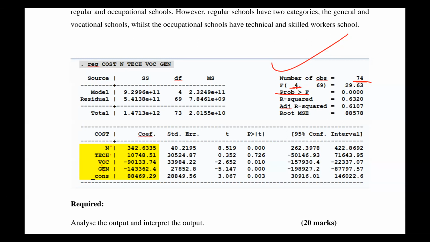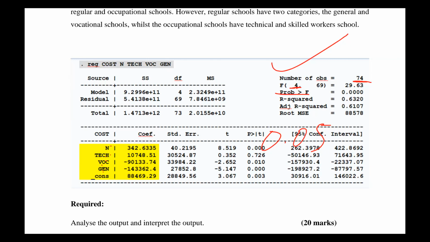It indicates the reliability of the X variables to predict Y. So usually we need a p-value that is lower than 0.05 to show a statistically significant relationship between the X variables and the Y variable.